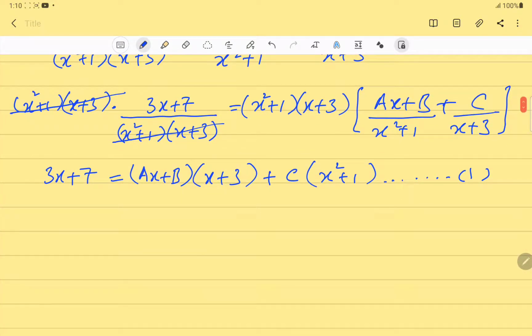Now we assume the value of x is equal to minus 3 and we substitute it in equation 1.